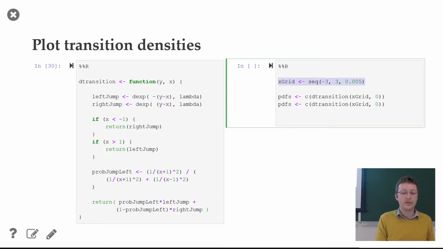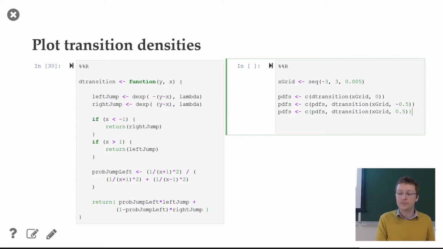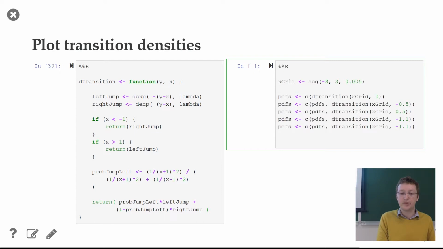So we'll get some grid of x values for the x-axis, and we'll say if I'm at position 0, look at the probability of where I'm going next from that. Or if I'm at position minus 0.5, tack that onto a list. Or look at if I'm at position plus 5, and just for good measure, some ones outside of the range, minus 1 and 1.